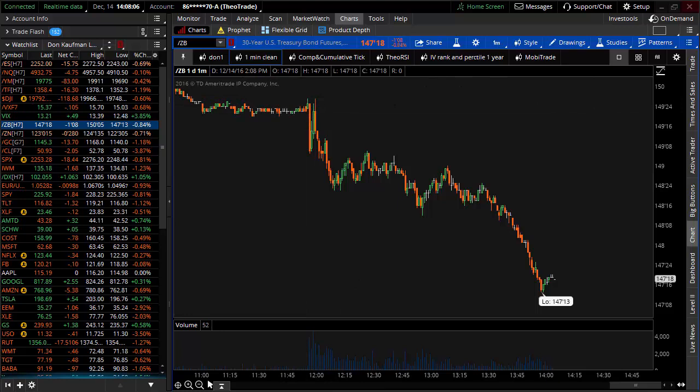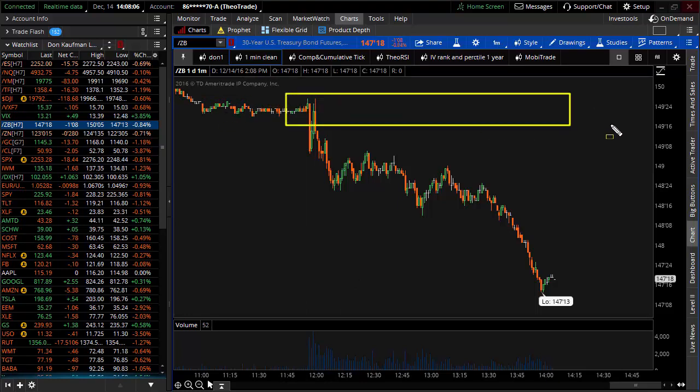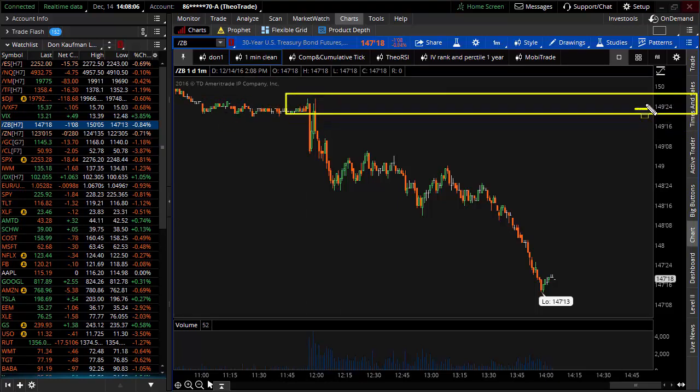Just to project how large this move is, there we're at 149 and 24 ticks, just shy of 150. There are 32 ticks to a 1-point move in bonds. So bonds were hovering in and around the 150 level, and here they are closing at 147 and 18 ticks. That's a wild intraday reversal.